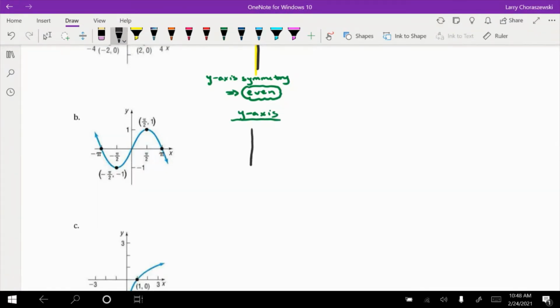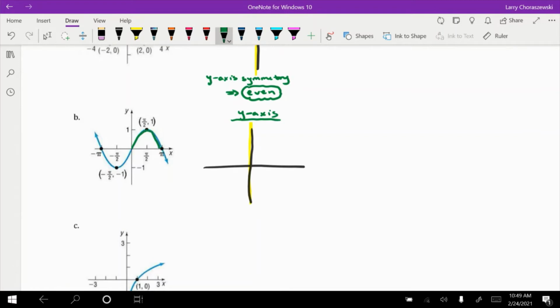Again, pardon my drawing. I'll start with the piece that's to the right of the y-axis. That's going to get mirrored across it. Not sure what happened there. All right, I wanted to highlight the y-axis, so there we go.